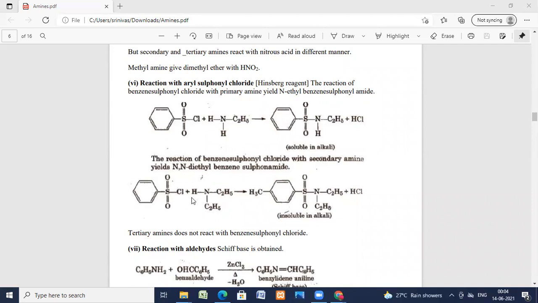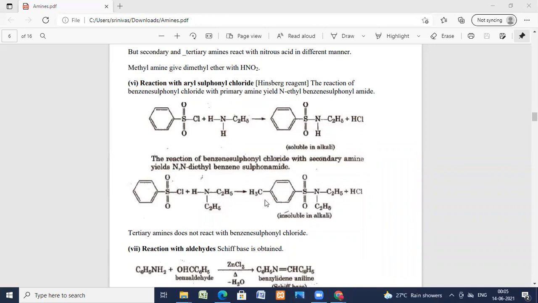And when the secondary, see here, two ethyl groups are present, this is secondary amine. N,N-diethyl amine on reaction with benzene sulfonyl chloride gives N,N-diethyl benzene sulfonamide, and it is insoluble in alkali.